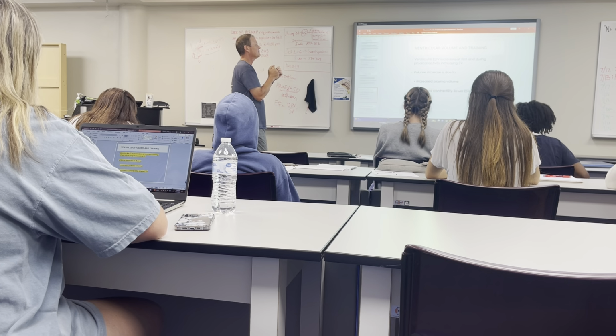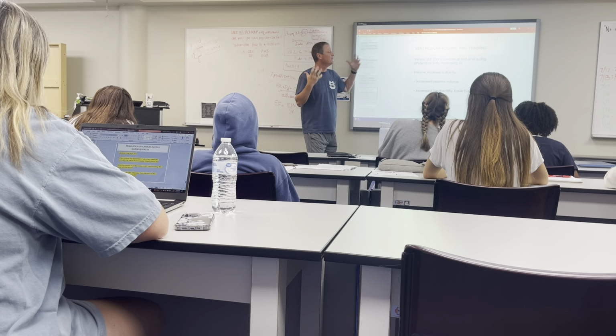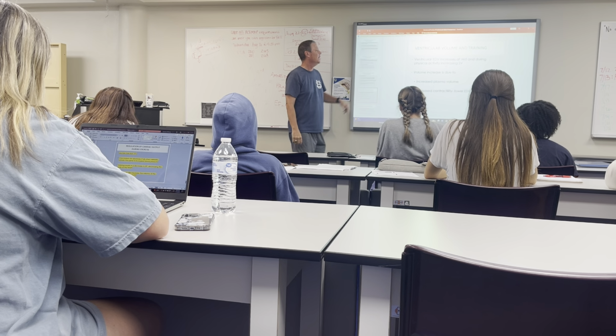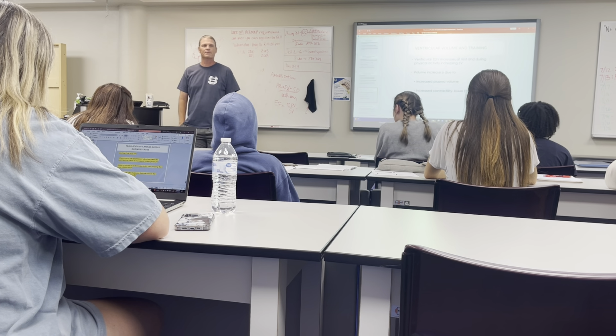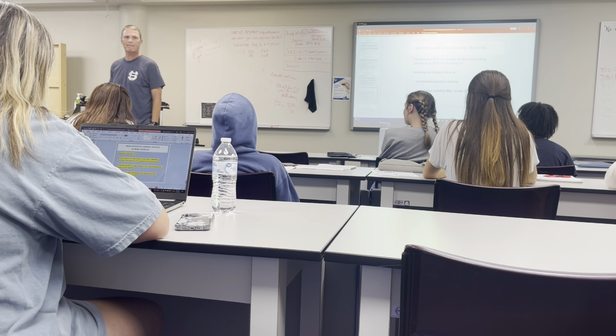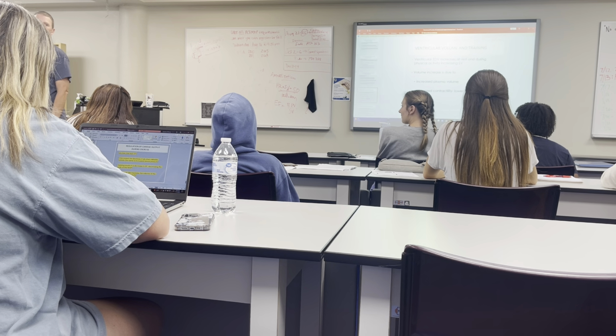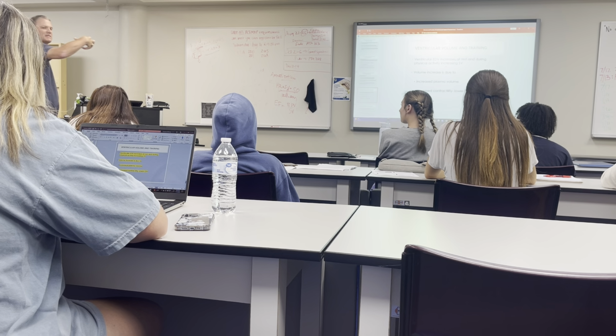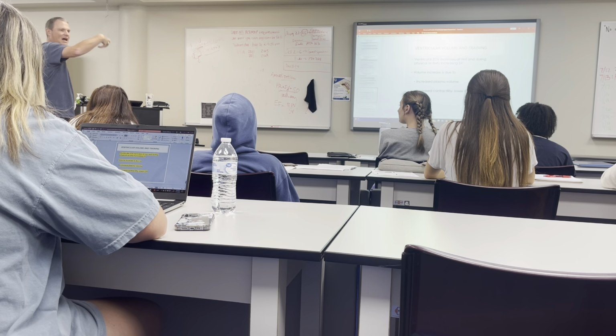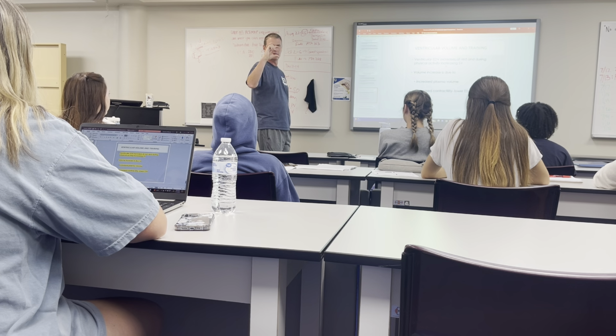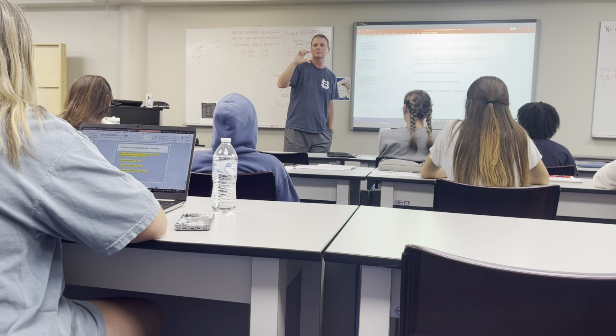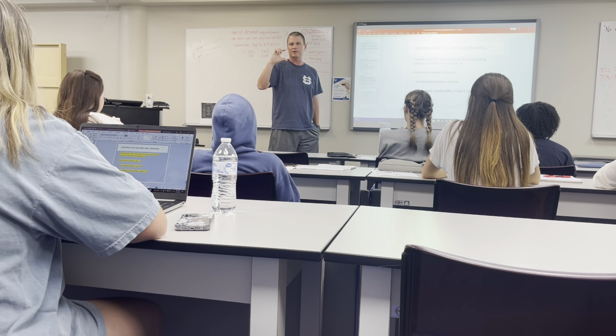How does volume increase? Increased plasma volume. What's plasma? If you take the blood cells out of your blood, if you spin your blood, you see the top part's the dark part, the bottom part's the clear part, that's plasma.